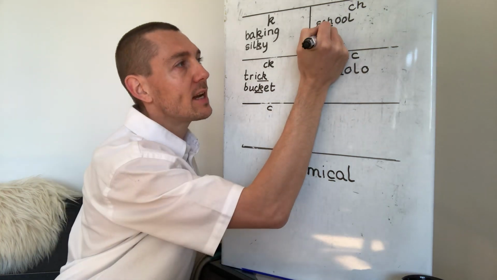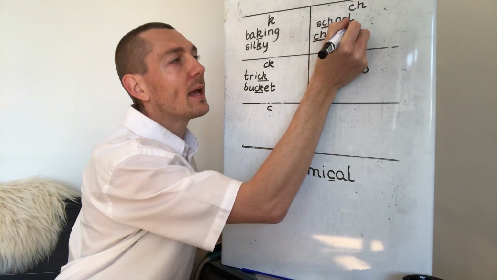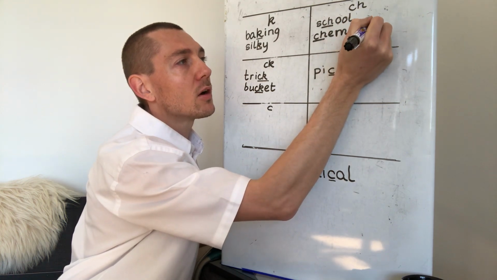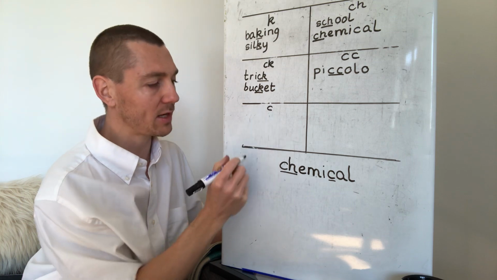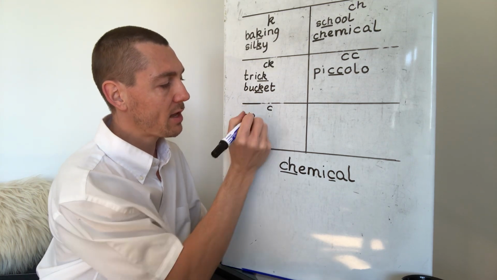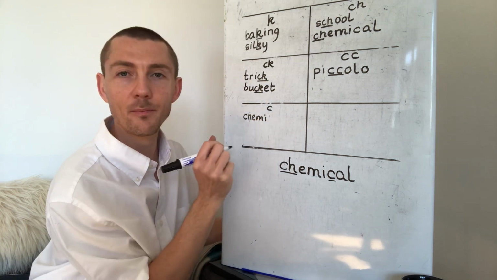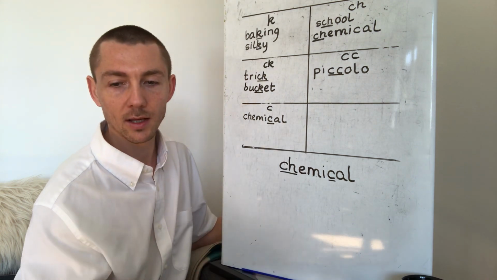We can have it with the CH spelling, k, e, ke, m, i, me, k, or ul, chemical. And we can have it just with the letter C spelling of k. And we can say k, e, ke, m, i, me, k, or ul. Chemical.